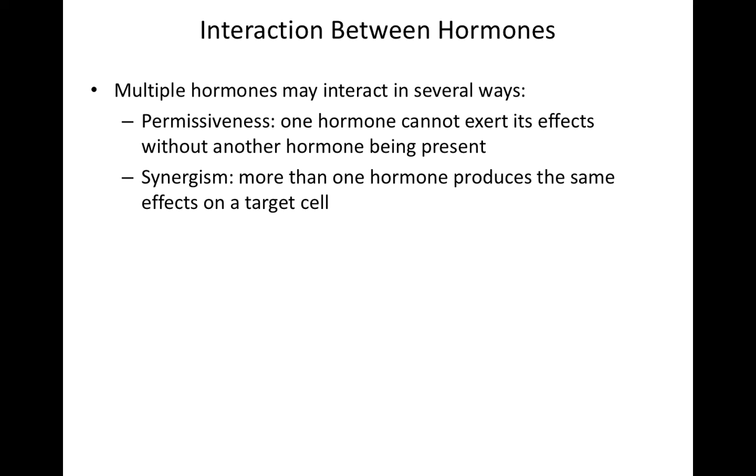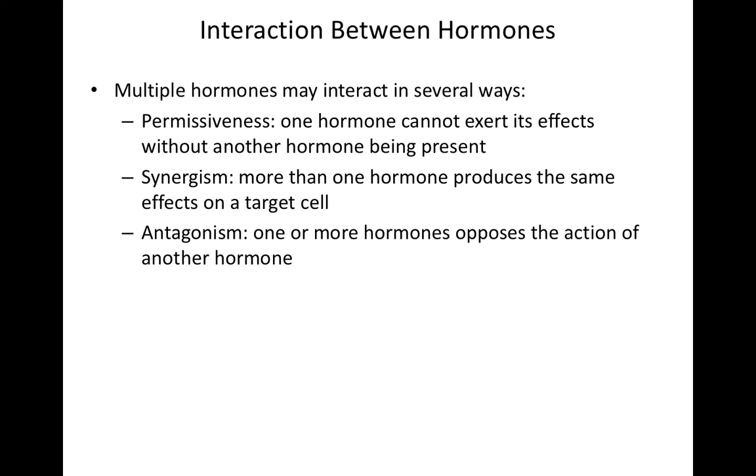When you get them both there, you get massive sperm production. We're talking somewhere in the neighborhood of 300,000 per minute when this is happening. So that's a synergistic effect. Epinephrine and glucagon also have a synergistic effect. When you are releasing both of them, they cause even more glucose to be released into the blood.